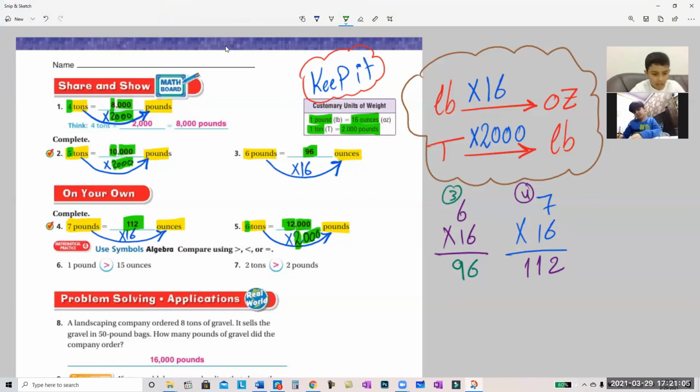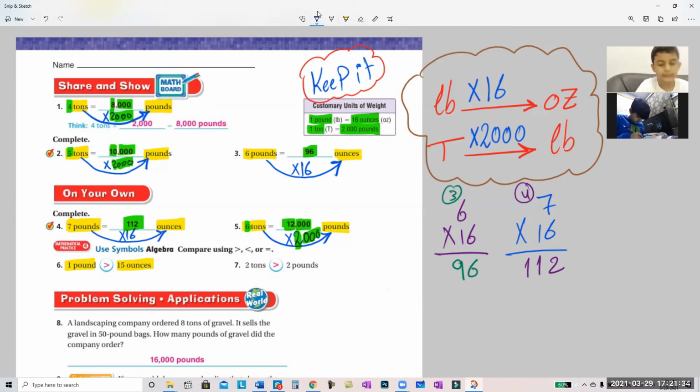Let's compare between these two quantities. We have 1 pound and 15 ounces. Which is the greatest amount here? First of all, if we have two quantities, do we have the same units here? No. So we should write it with the same units, right? Where is the small unit here? Ounce.